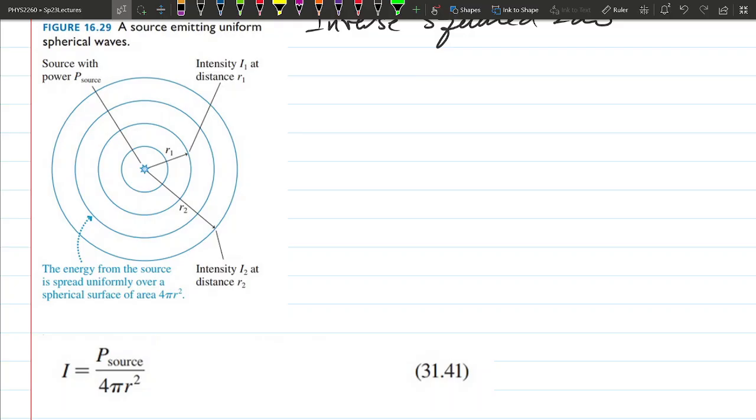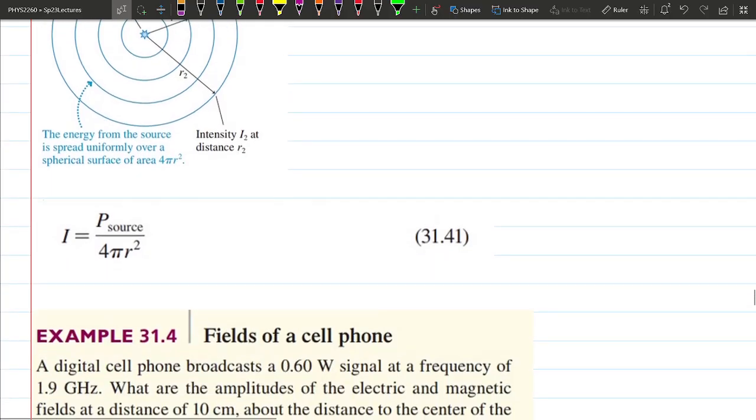As this wave spreads out, it gets less intense as it spreads over a larger surface of a sphere. Therefore the intensity equals the power created at the source divided by the surface area of a sphere, 4 pi r squared.